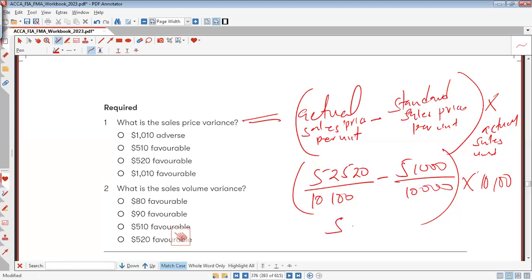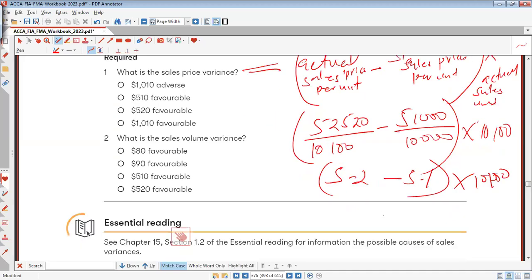This will be 5.2 minus 5.1 times 10,100, and what we end up with is 10. It's favorable.